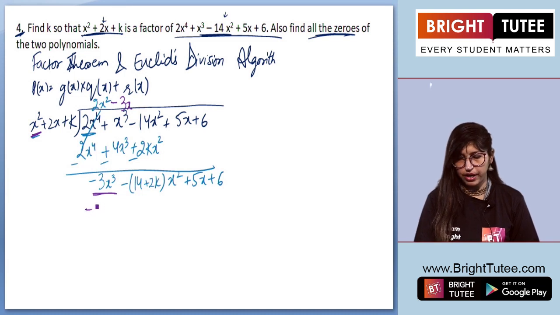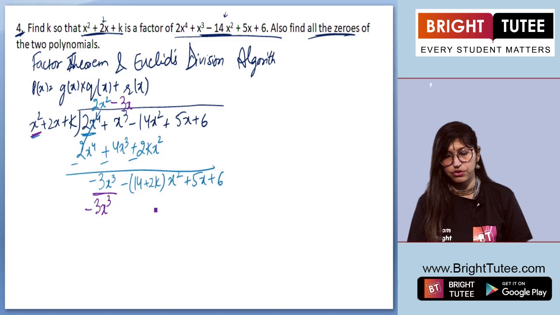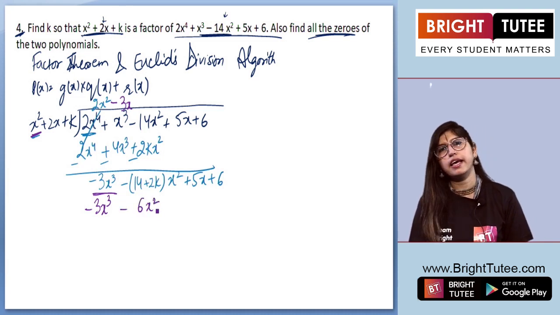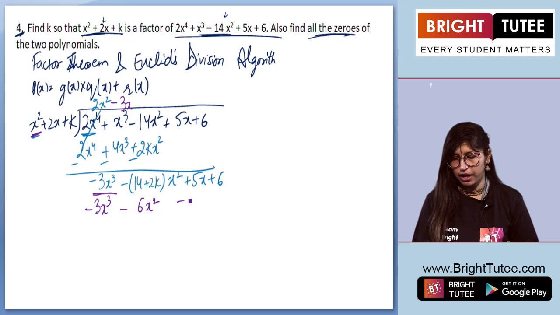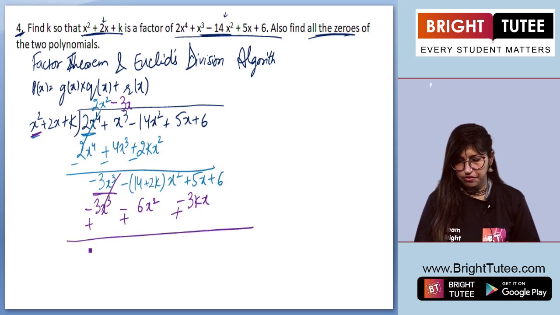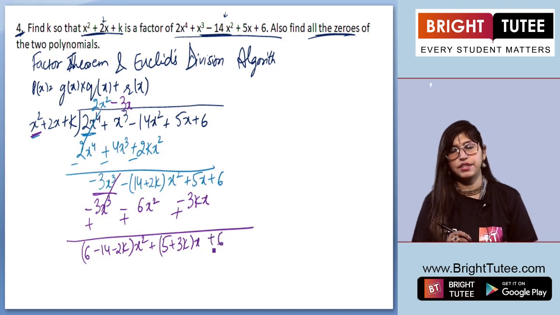We will write it down like minus 3x cube, then 2x into minus 3x, which will be minus 6x square, plus k into minus 3x, so minus 3kx. After changing the sign, we can cancel this out. We are left with 6 minus 14 minus 2k with x square plus 5 plus 3k with x plus 6.